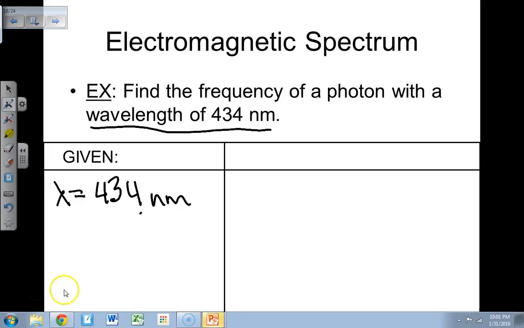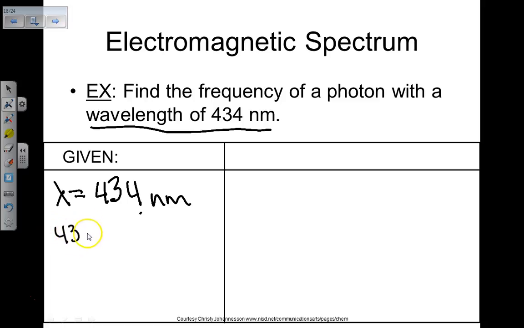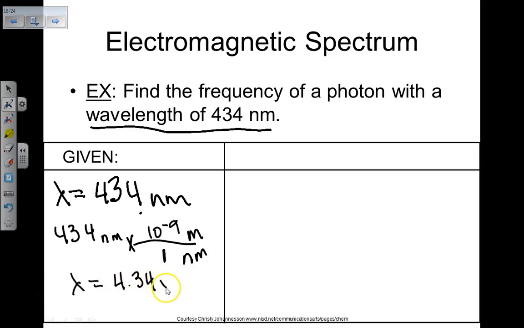We go 434 nanometers, X line. We put nanometers on the bottom, meters on the top, and we go 10 to the minus 9 meters is 1 nanometer. And that means that lambda equals 4.34 times 10 to the minus 7 meters.